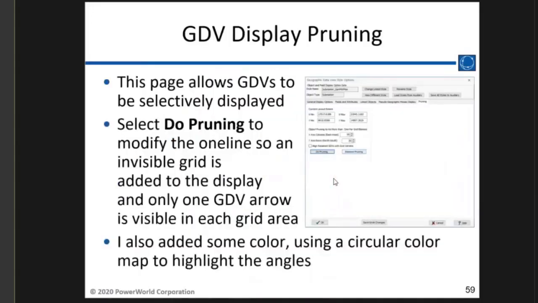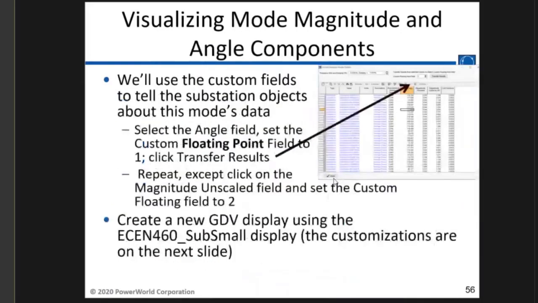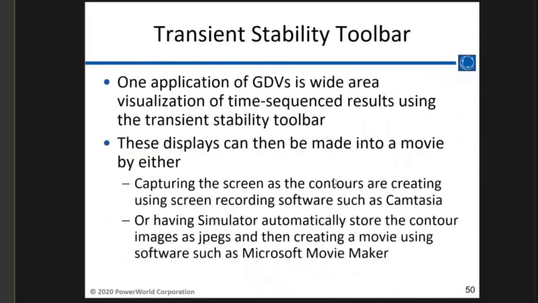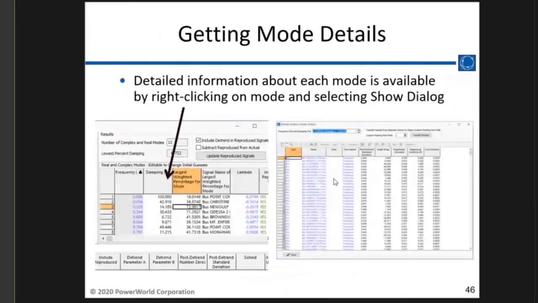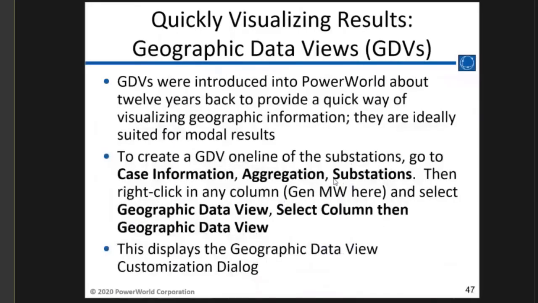Okay. Let me show you something. The slides here now talk about how to visualize stuff. We talked about getting mode details. The next couple of slides, which I'll go through and we'll still be done by 4:30, say how can you quickly visualize information when you've got geographic data associated with it.